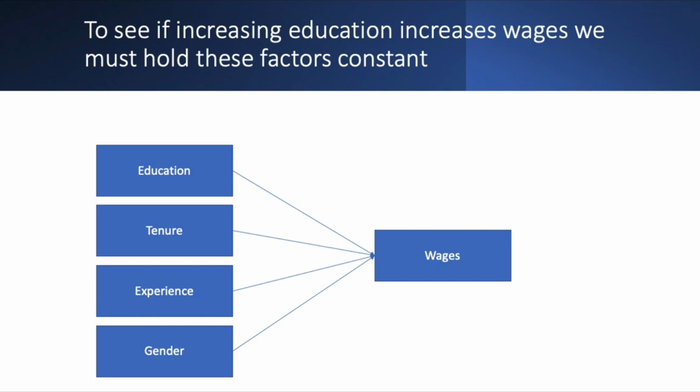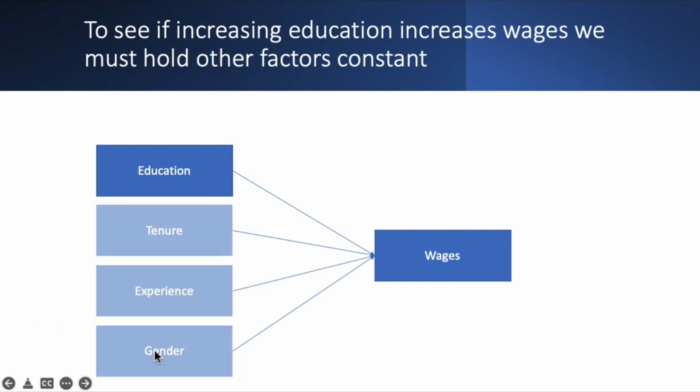So, how do we establish causation? In order to establish causation, which is basically saying that an increase in education causes the wages to go up, we need to hold tenure, experience, and gender constant, and then if we can increase education and wages go up, we can say that since tenure, experience, and gender were not changing, changing education resulted in wages changing.